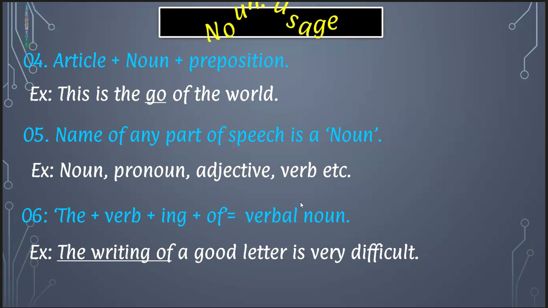As you find in the example, the writing of a good letter is very difficult. Let me repeat it. The writing of a good letter is very difficult. Here we find the plus verb-ing and then of. This is actually a verbal noun.